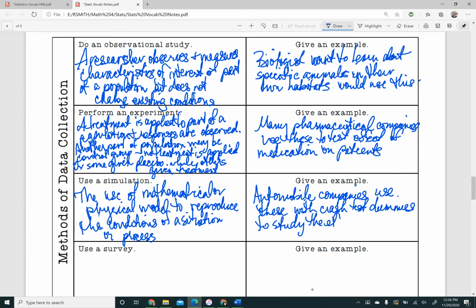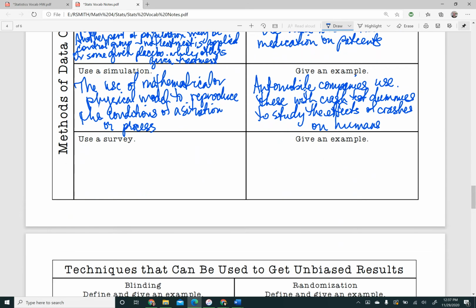To study the effects of crashes on humans, we could take a survey. Those are really easy. This is basically an investigation of one or more characteristics of a population.